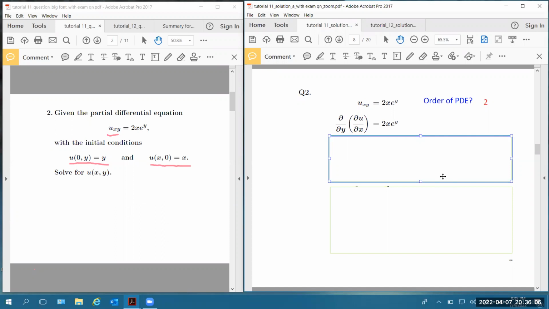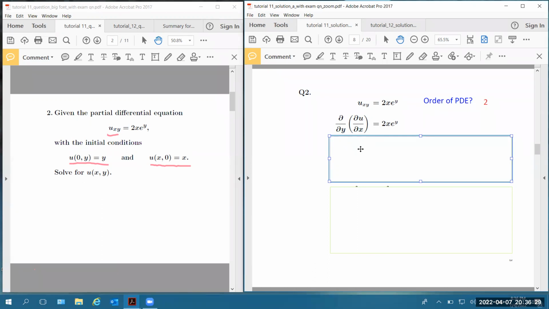It's the same. Whether we differentiate with respect to x first or y first, it's the same. So I just choose to write it like this: I put del u del x in brackets, then outside I put del y. That means I do del u del x first, and after that I differentiate with respect to y.